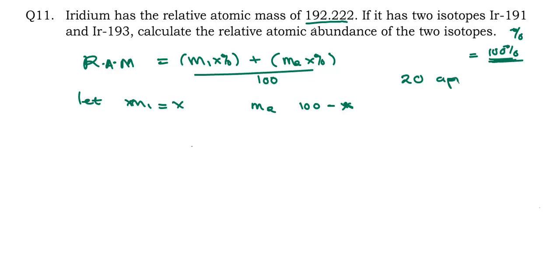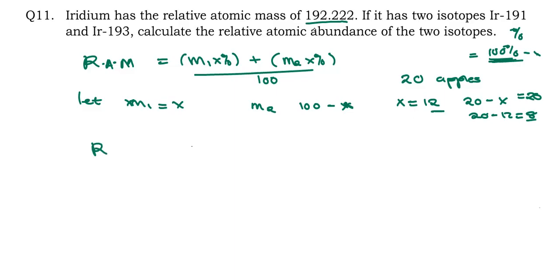If your friend takes X apples, say he took 12, how many apples have you remained with? You are going to say 20 minus X, so 20 minus 12, and you get 8 apples. When we add these, we still have a total of 20 apples. This is what we are actually doing. This way, our mass 1 is going to be X, and our mass 2 is going to be 100, since this is the total, minus X, so that we have the percentage abundance of this one. This is how I can explain the formula which we are going to have next.